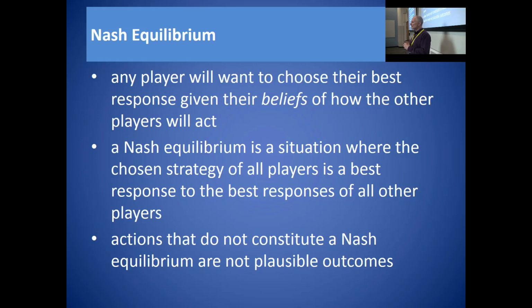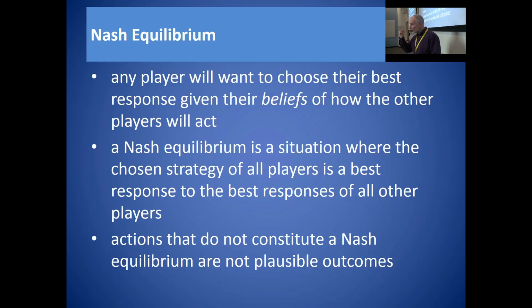And if we take that definition, think, what does it mean if we had a set of outcomes that were not a Nash equilibrium? Would that represent a plausible outcome? Well, think about our definition. We said in a Nash equilibrium, all players are choosing best responses. So, if we had an outcome that isn't a Nash equilibrium, by definition, what does that mean?